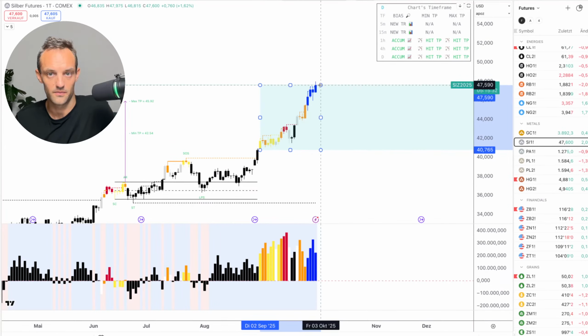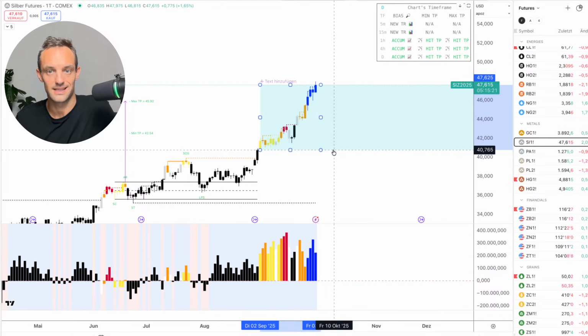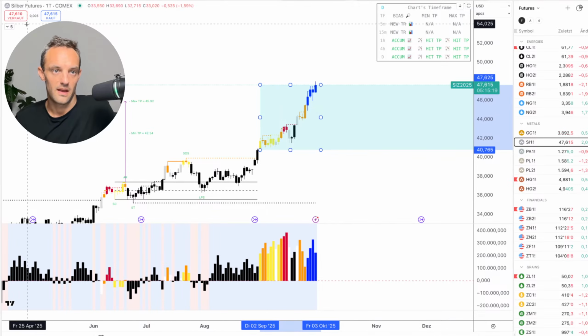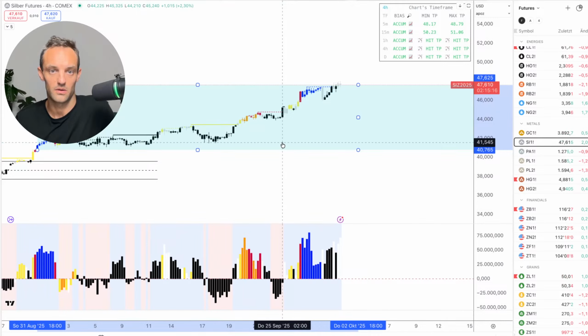This is the zone from 2nd of September until today, and lower end 40,760. Go to the lower time frames, to the 4-hour chart, to the 1-hour chart.